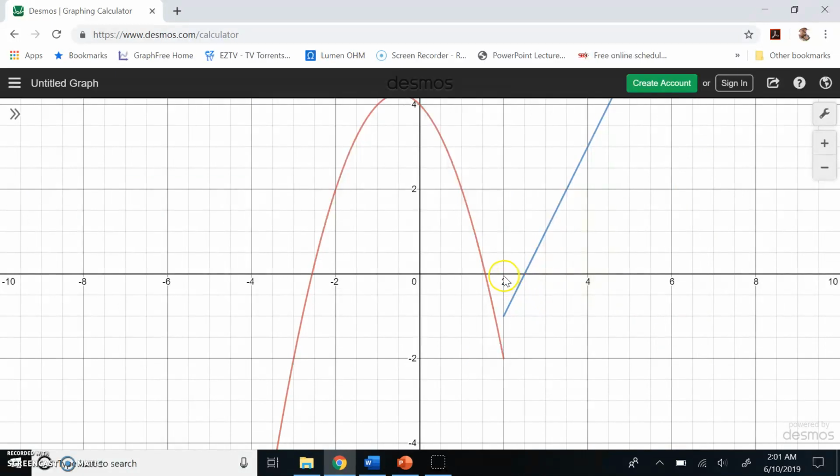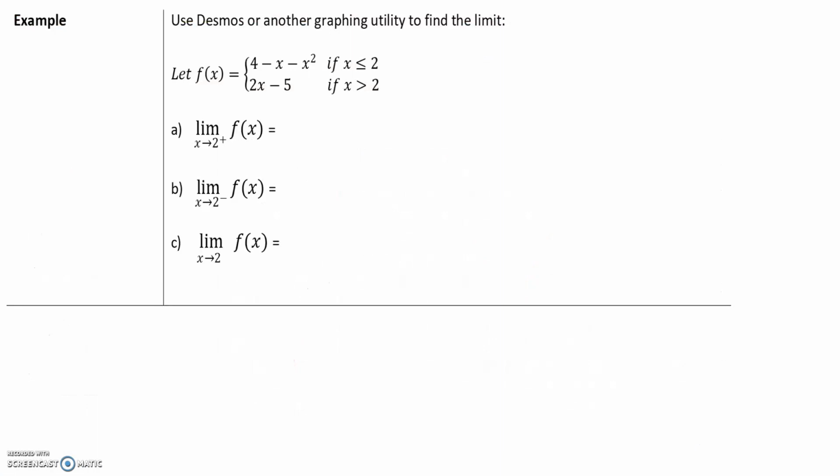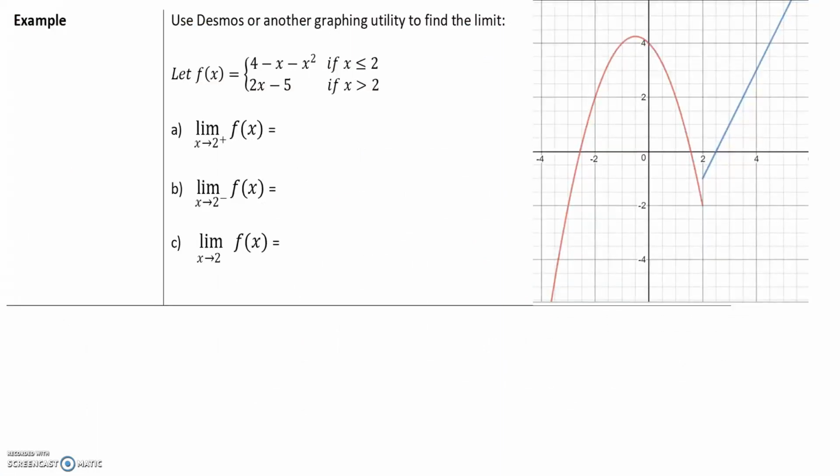Now we can already tell that as x approaches 2 from the left and from the right, our limits are going to be different. So the limit is not going to exist, but let's go back to our example and finish the problem. So this is what the graph looks like that we just graphed. Now again, if you have a question on the graphing, no problem, bring it to class and I'll help you guys out.